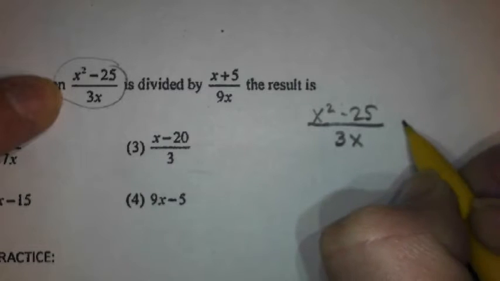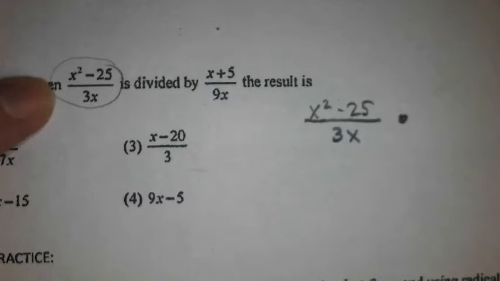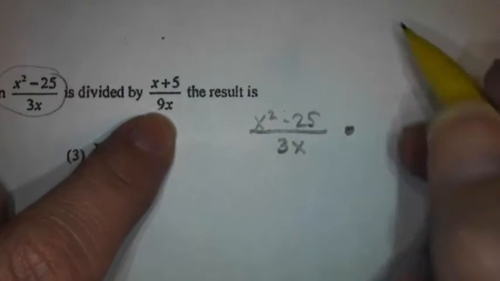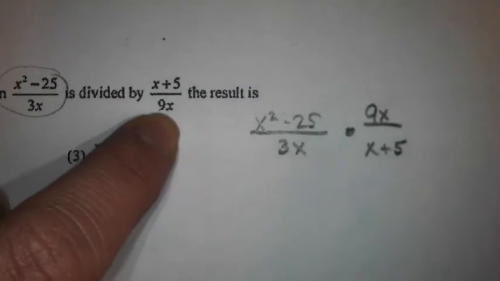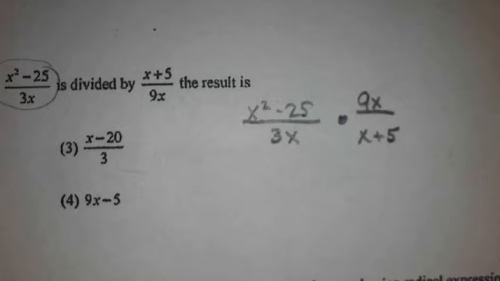We're going to change division to multiplication, and we're going to flip, aka the reciprocal, 9x over x plus 5. And then what can we factor here, Kaylee? Well, that's not factoring. You're already into the cancel part. We want to factor first, then we'll do all the canceling at once. Andrew?